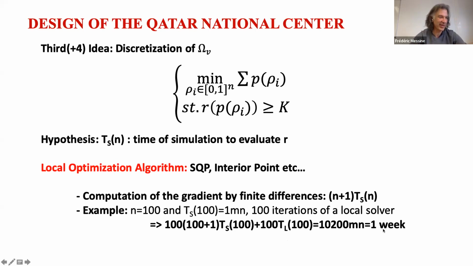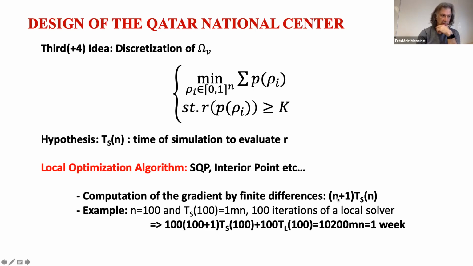So it's the same again as a genetic algorithm, but we have a big difference. If we add one variable, the variable is not in the exponent, it's not 2 exponent n. So if you add just one variable, it's still close to 1 week. If you add 100 variables, you need 2 weeks. That's interesting to go this way, because the main part of the work is to compute just the gradient.